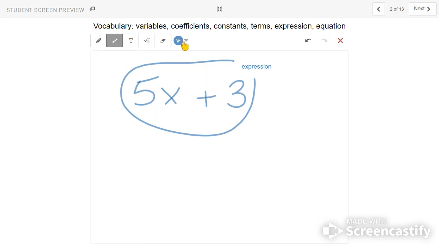Now, within our math sentence, we have an x, and this is considered our variable. Now, it's a variable because it can change. Not only can my variable be represented by a different letter, but it can represent different numbers.